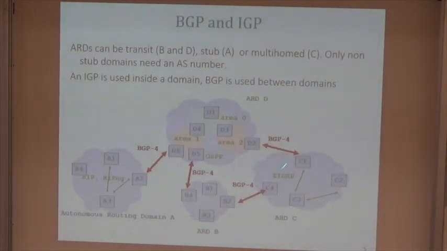Here is how things fit together. A bit of terminology. In BGP terminology, or in networking in general, we say that a network can be a transit or a stub, essentially. Transit means, like this network, a network that can be used to carry traffic from one network to another network. And a stub is a network like this one, which is connected to only one other network.